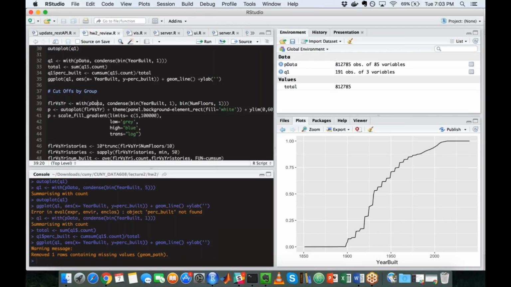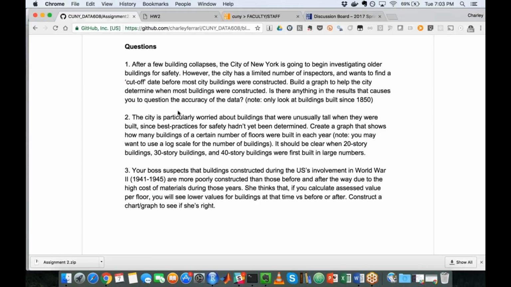Cool. So looking at the next question, we'll go back over here. This is kind of similar to the first question, but we're looking at groups of buildings.